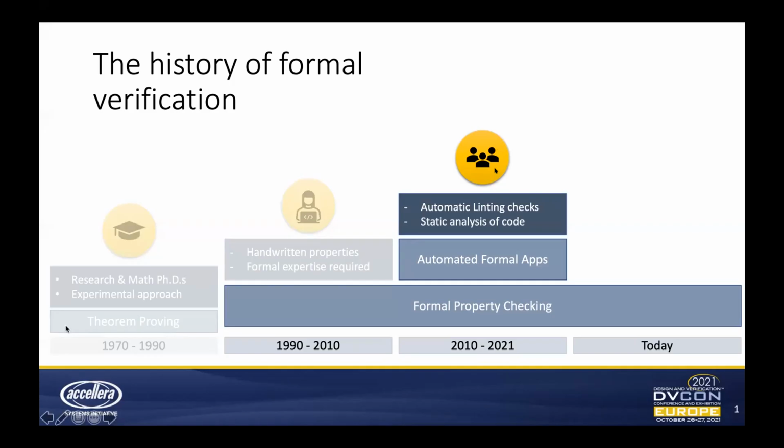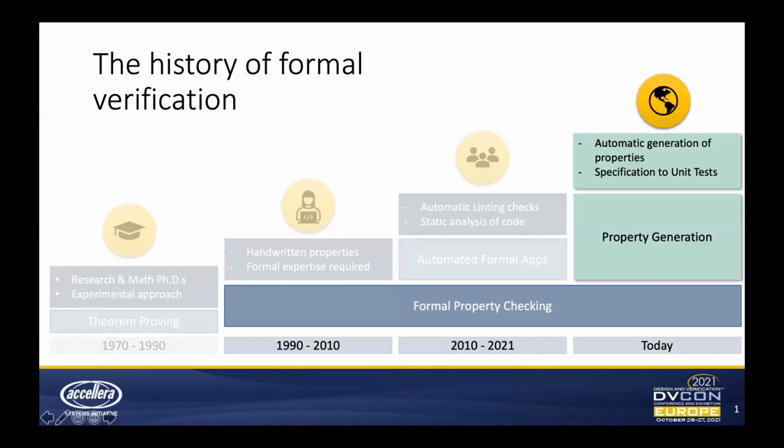However, we're still missing out on a lot of potential because we could have even more people working with formal. So what I will propose today is a new idea, and something that I think doesn't exist in the field yet. The core idea is that we generate properties automatically.